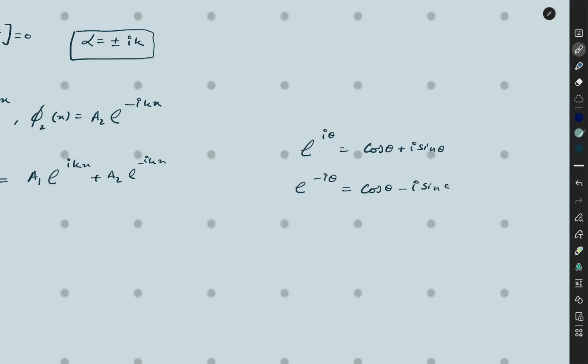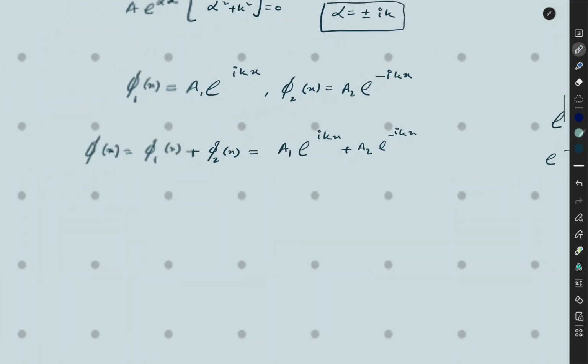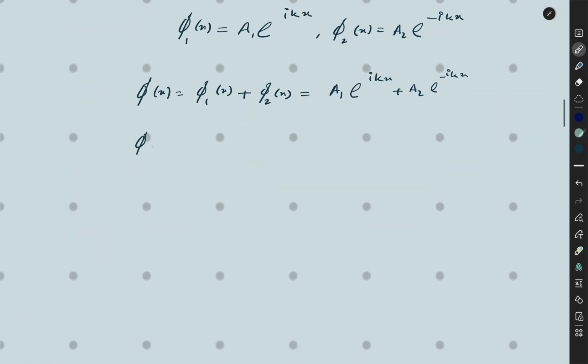So if we apply it here, we will get phi of x equal to A1 (cos kx plus iota sin kx) plus A2 (cos kx minus iota sin kx).